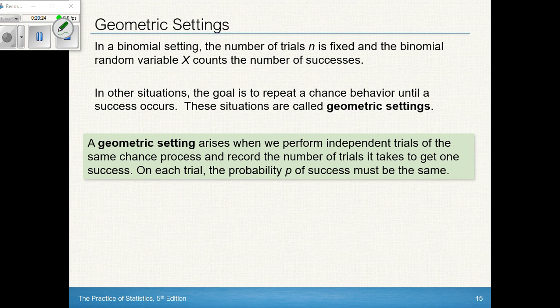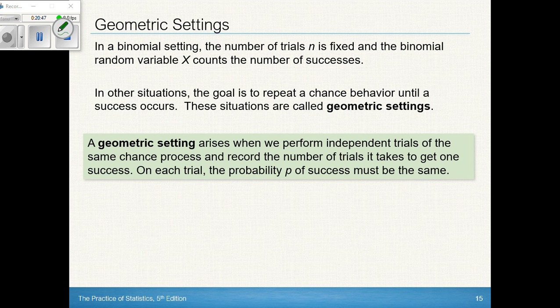The geometric setting is essentially like the binomial one, except now instead of doing whatever it is a fixed number of times, I'm doing it until I finally get my first success. So perhaps I'm a kid shooting free throws in my yard.